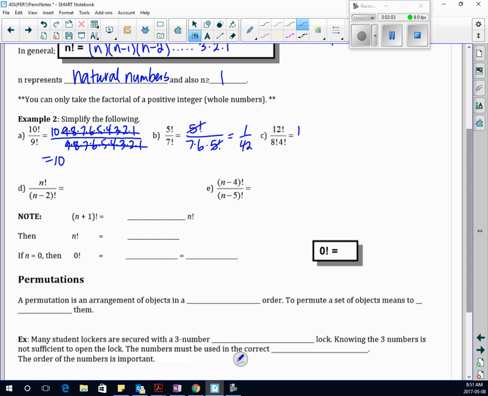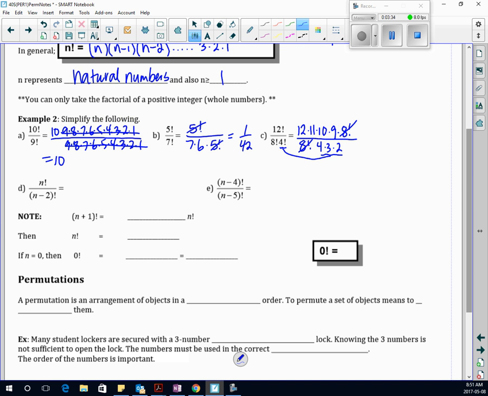So 12 factorial, again, if you use the little technique I showed you, write the bigger one in terms of the smaller one. So 12 factorial is 12 times 11 times 10 times 9 times 8 factorial, just so I can show you that the 8 factorial will actually cancel with that. And then we have a 4, 3, 2. If you want to put the 1, it's up to you. Does everybody see what I did? So the 4 factorial is this part. Yes?